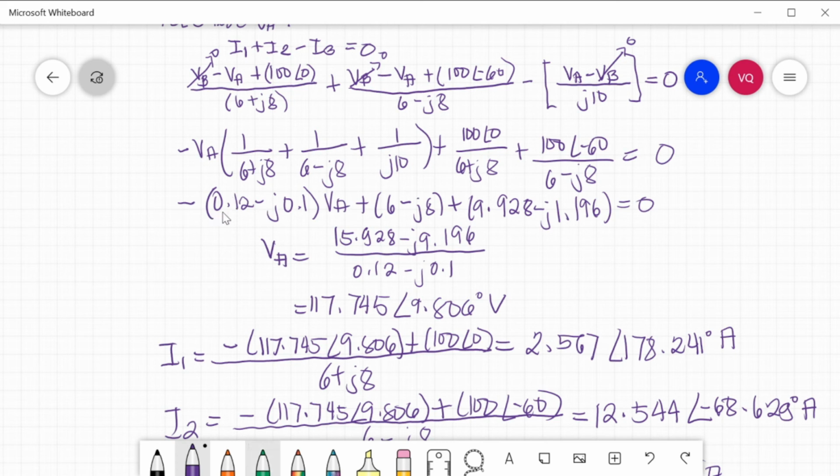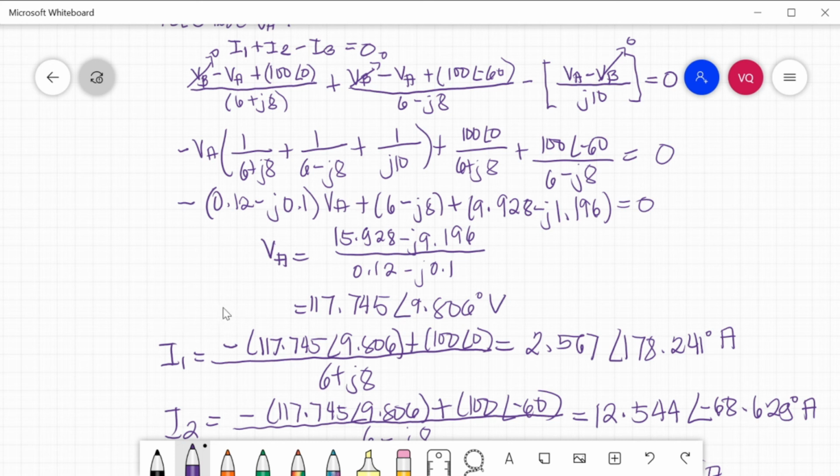Negative 0.12 minus J0.1 times VA plus 6 minus J8 plus 9.928 minus J1.196 equals 0. So our VA now will be 117.745 angle 9.806 degrees volts.